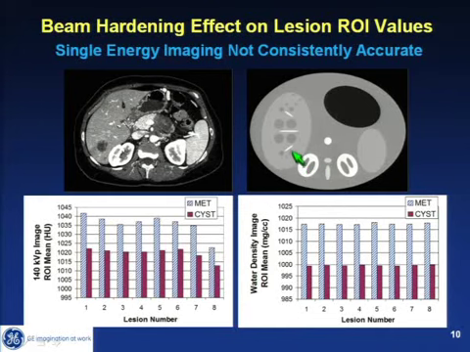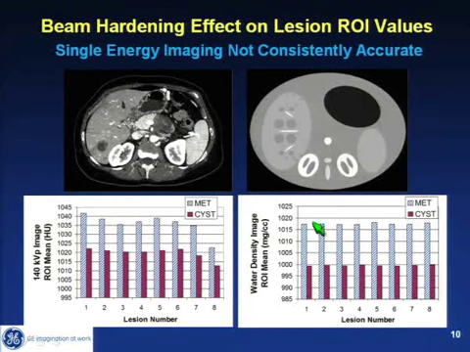So if you measure the CT numbers for different regions with a conventional CT, you can see that it varies significantly. So if we want to separate between malignant and benign, or cyst versus mass types of lesions, you can see that it is very difficult because their CT numbers overlap.